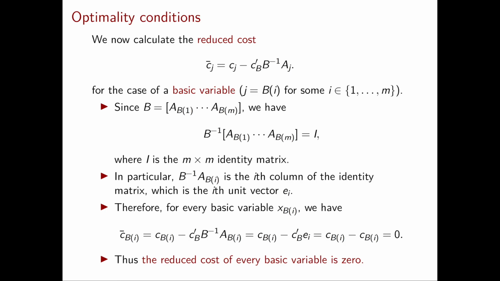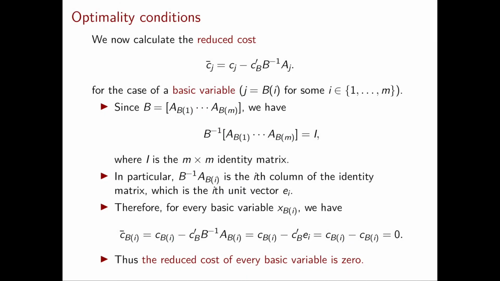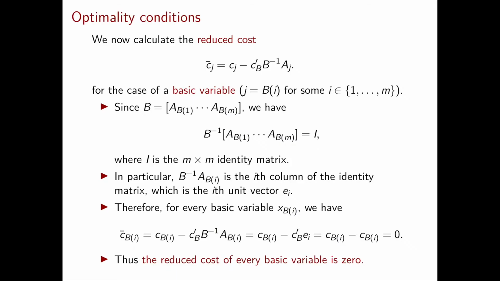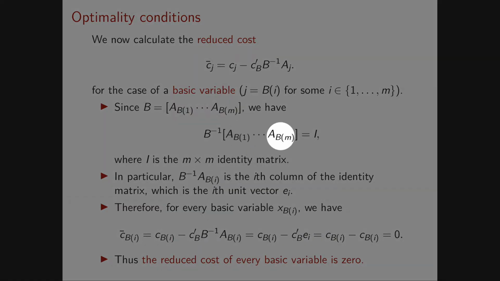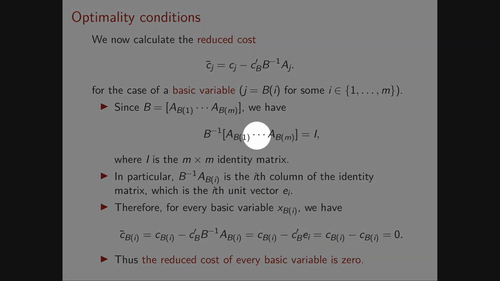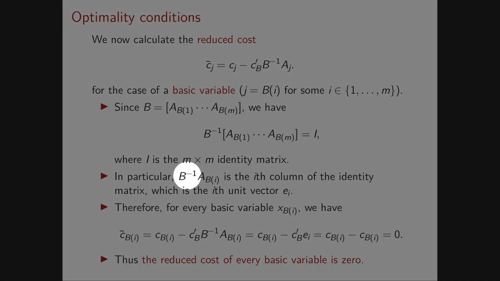Now the columns of the matrix B are A_B(1) until A_B(m). So then the product B inverse times the matrix with columns A_B(1), ..., A_B(m) is equal to the identity, just because this big matrix is simply B. So then what can we say about the product B inverse A_B(i)?